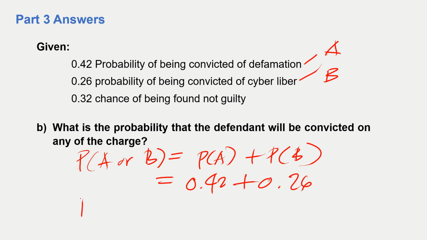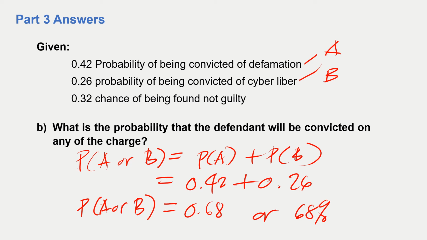So, the probability that the defendant will be found guilty on any of the charges, so either guilty siya sa defamation or guilty siya sa cyber libel, is 0.68 or 68%. Yan ang chance na guilty siya on any of the charges.